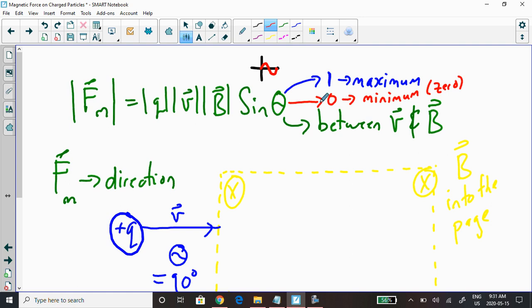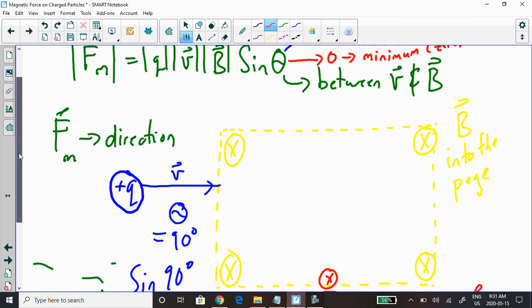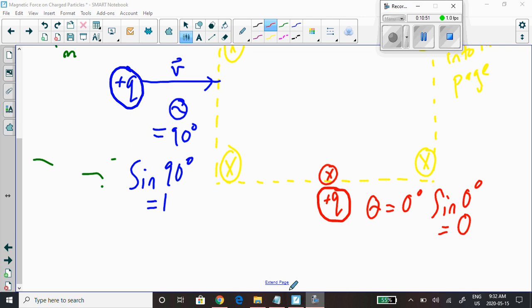Boom. Or the magnetic field could still be there, but now we're shooting it at 90 degrees to the magnetic field, and the magnetic force on that charged particle is at a maximum. So this is a different type of force for you because it is so dependent upon the direction of the magnetic field and the direction of the velocity of the charged particle. So we really need to investigate this more fully to try to understand that, and that's what we're going to do.